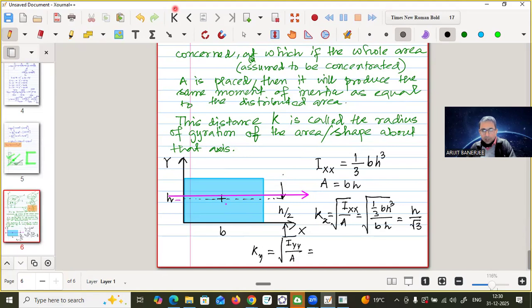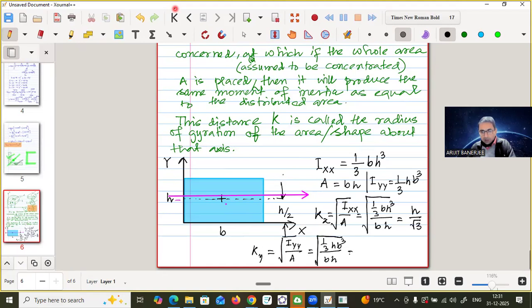And what is Iyy? Can you tell? In the same way, Iyy will be 1 by 3 HB cube. Sorry, not 1 by 12, 1 by 3 HB cube. So it will be 1 by 3 HB cube divided by BH.